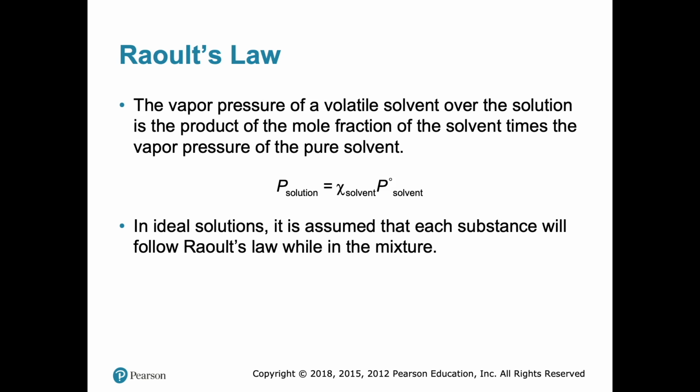There's this thing called Raoult's law, okay? And Raoult's law says that the vapor pressure of a volatile solvent over the solution is, so the volatile solvent over solution is basically if you have like a pot of water and then above that pot of water is a whole bunch of water vapor, right? And so that's the volatile solvent, the water vapor on top of the water when you're boiling it, right?